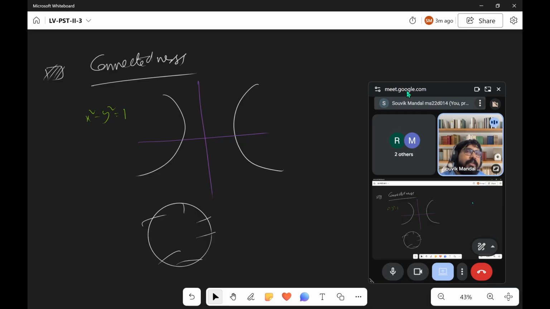Is the intuition clear? Yes, sir. So we are basically trying to find a path. Yes, that is the intuition. Of course the abstract definition is quite different, but the intuition is that you travel from one point to another point while staying within the space.